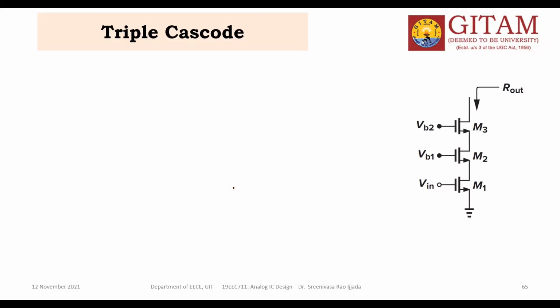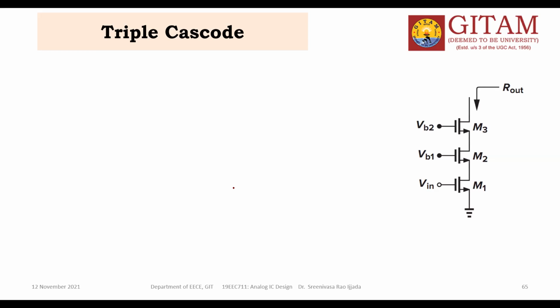That's why you may get a very low output voltage at the output, and whenever you get a low output voltage, your gain will be affected. So I want to enhance the output impedance in whatever way is possible. My way is to increase the number of transistors in the cascoding. Then I can increase its output impedance. So this is the triple cascode.